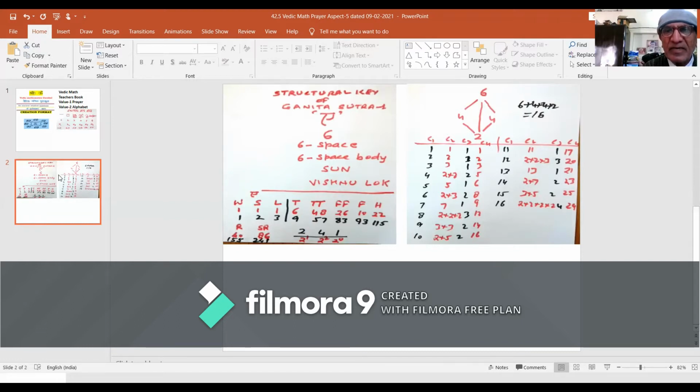To have insight about the way sixth vowel provides different features of the structural key of Ganita Sutra-1 itself, let us have a fresh visit to the first letter, that is the sixth vowel.